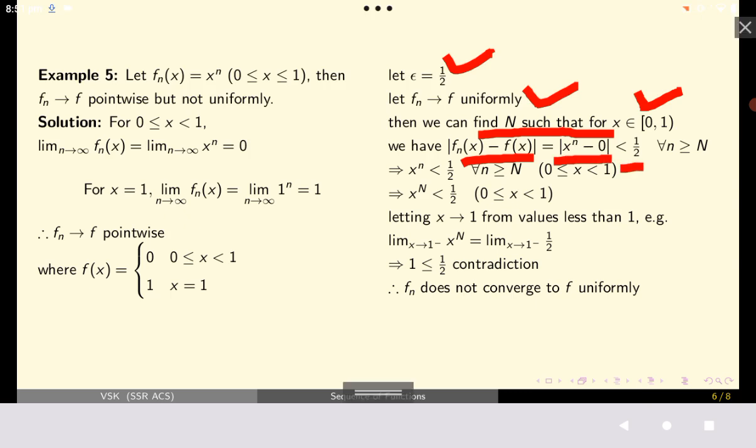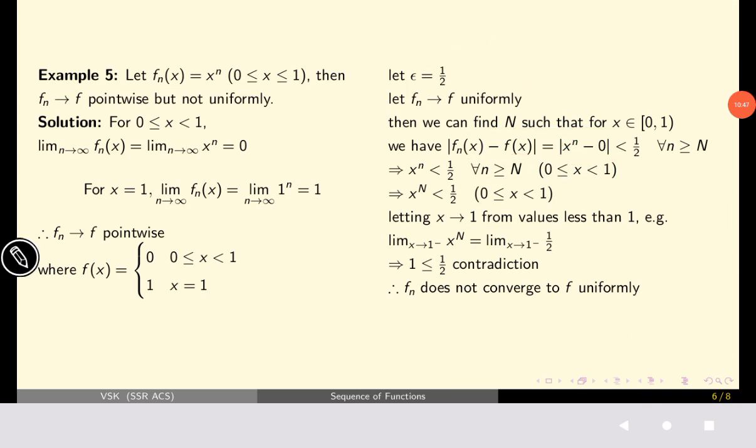But this implies x^n is less than 1 by 2 for all n when 0 less than or equal to x less than 1. And in particular, if we take n equal to capital N, we get x^N is less than 1 by 2 when x lies in this interval.